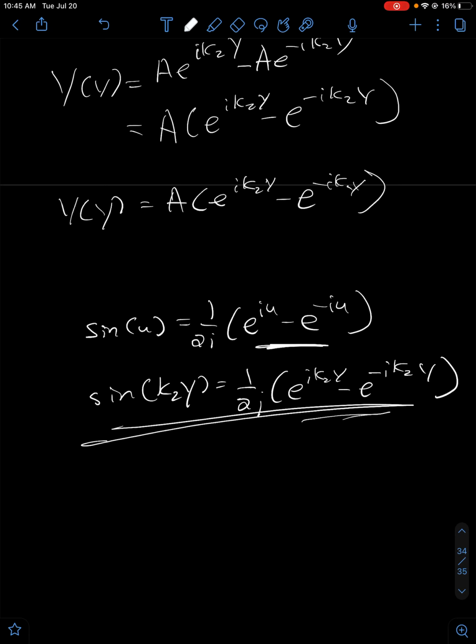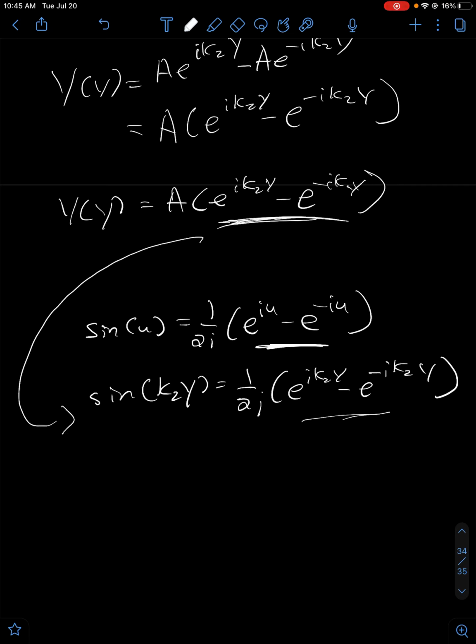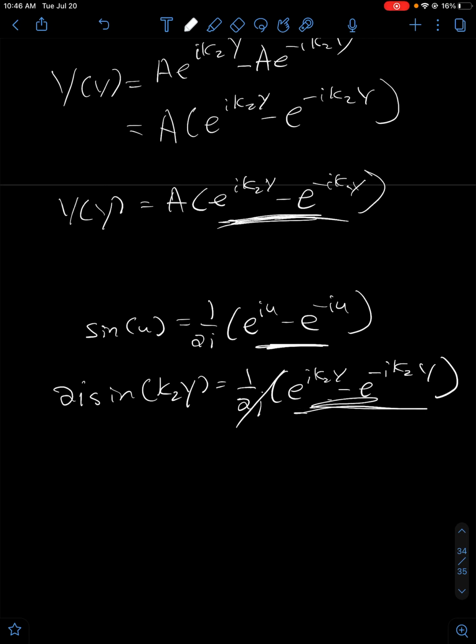And this whole term looks very similar to what we see here, but it's not exact. So we can write this term in terms of some modified sine function. To do that, we multiply both sides by 2i so that these terms will match. So this just equals 2i sine of k2 y.